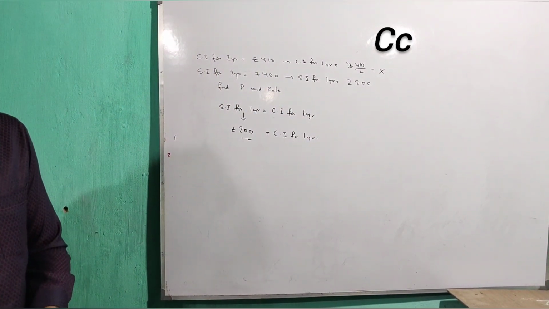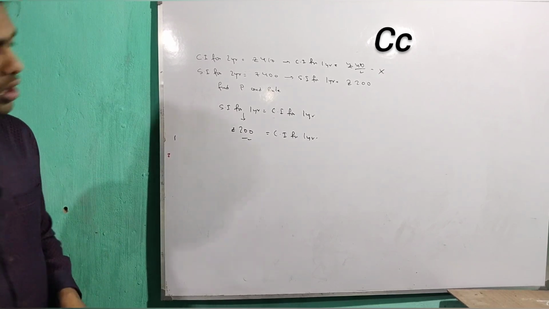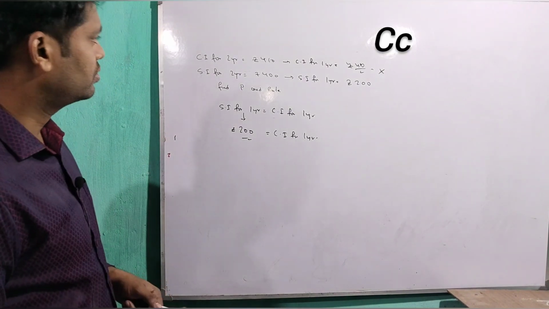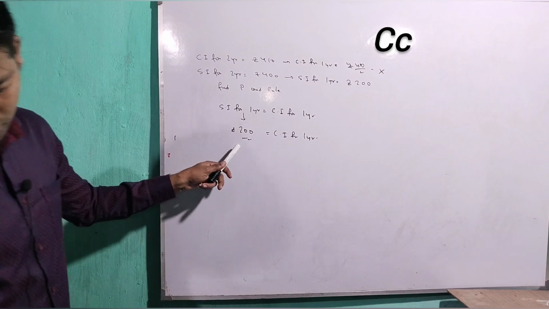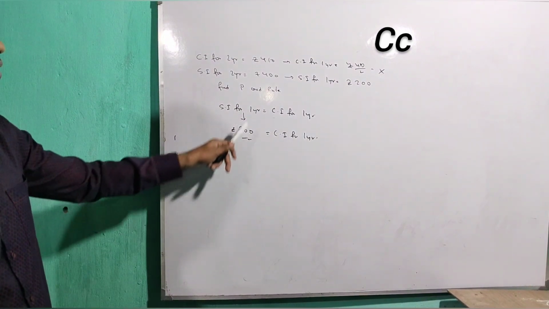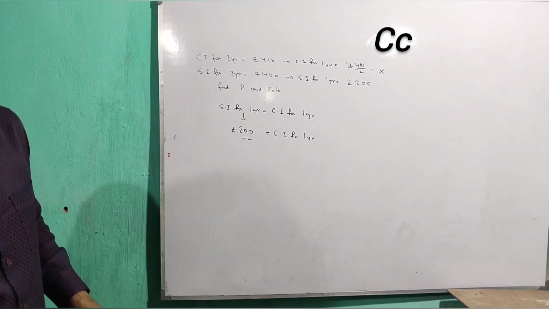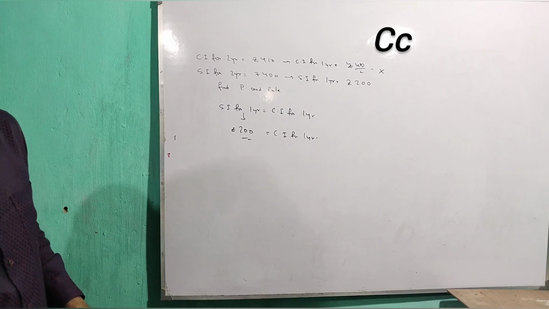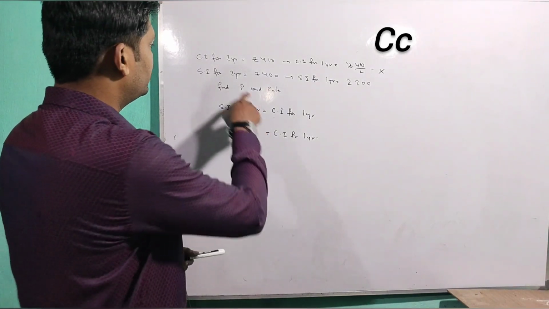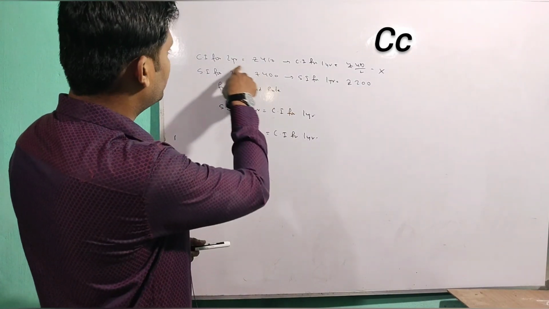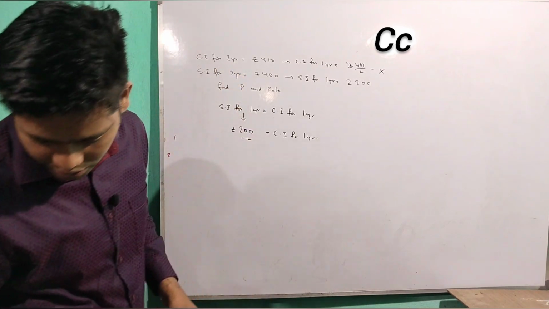Now what we will see is the difference. 2 years we understood. This one is 200 and this is 210. Now this is compound interest for 2 years or the second year, they're saying.